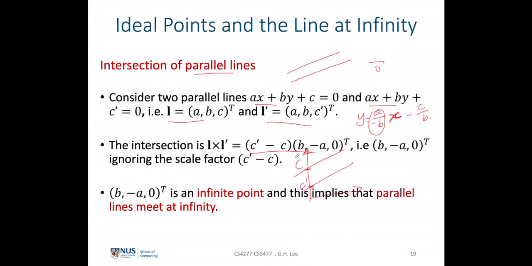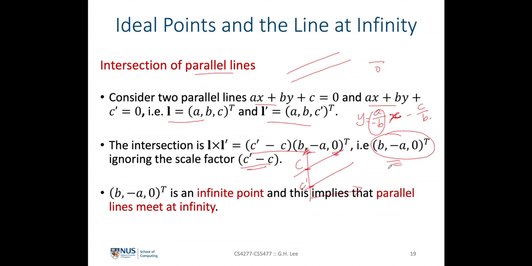In this case, the third number is always going to be 0. And when we ignore the scale factor, we can simply represent the intersecting point as (b, minus a, 0).